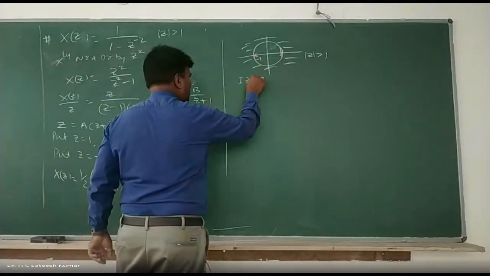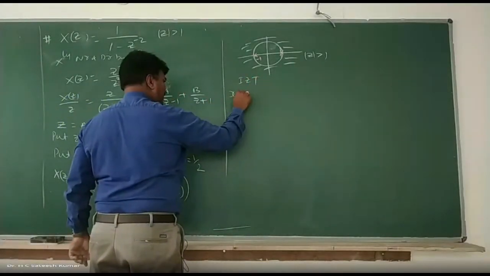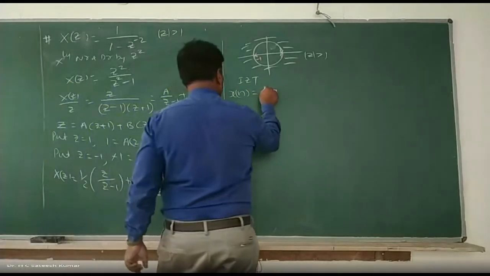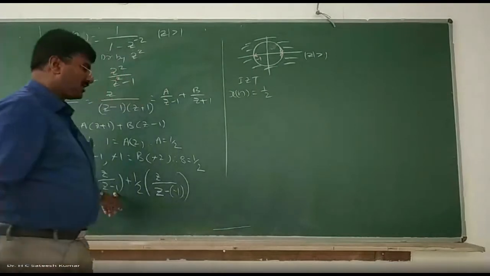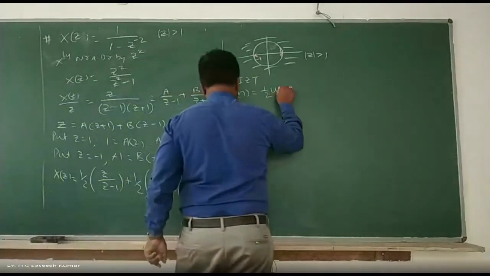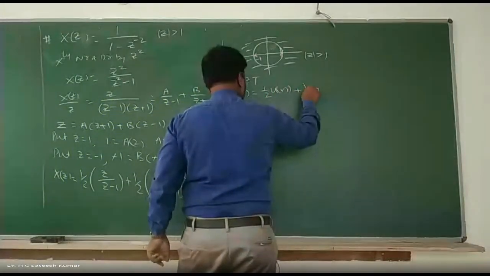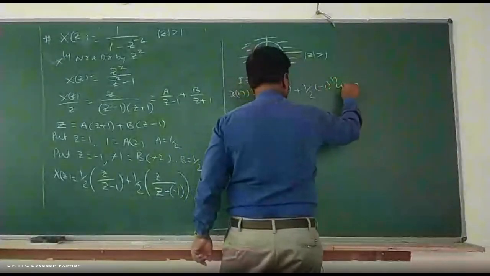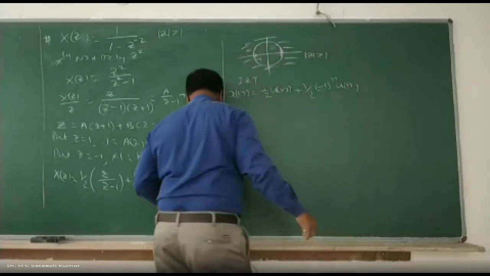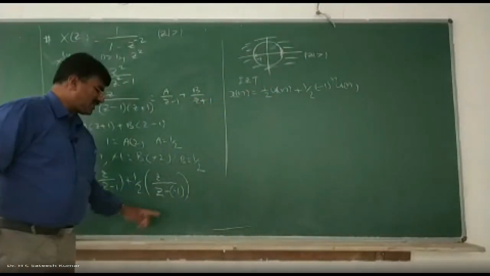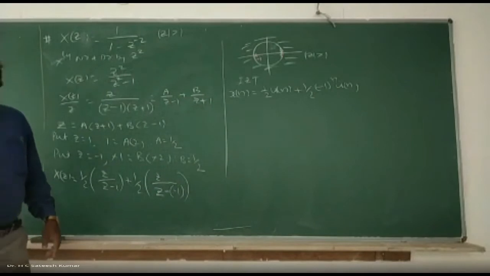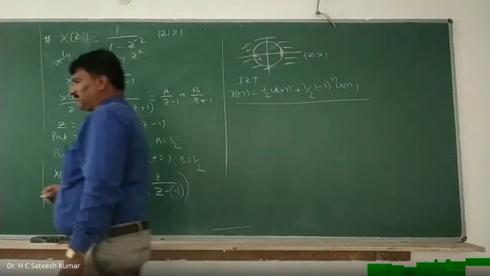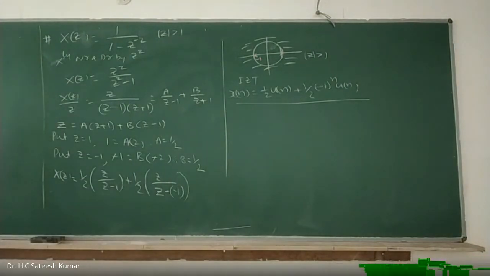If you take the inverse Z transformation of X of z, x of n is equal to, right-handed sequence, both of them, half into u of n plus half into minus 1 to the power of n into u of n. Because this is nothing but z divided by z minus a, where a is minus 1. So that's how we should do the problem. This is a 4 marks question which was asked twice in the examination. You can do it easily.